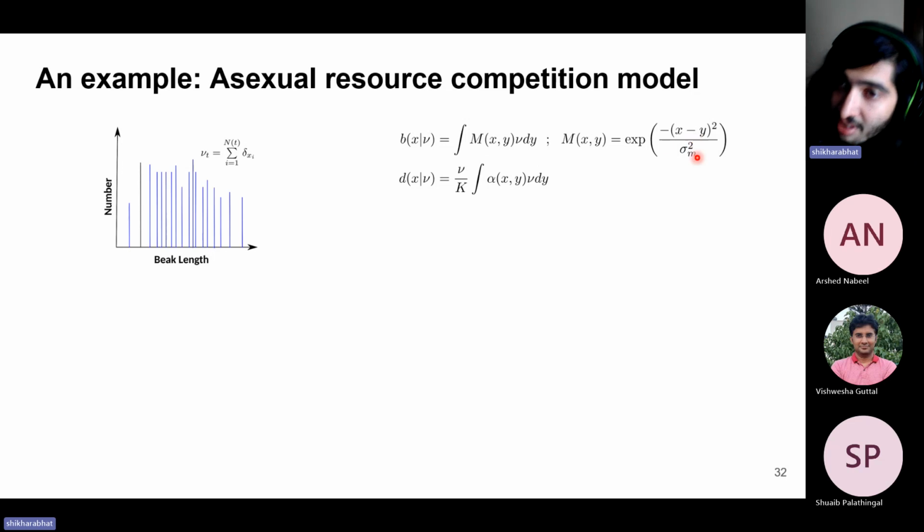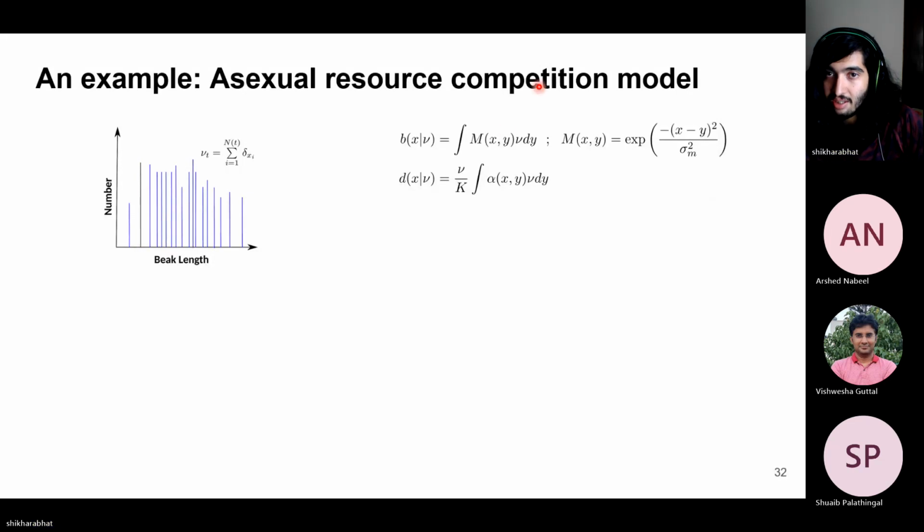Most of the time, you give birth to offspring that have the same phenotype as you, but you can give birth to offspring that are further away. This distance x minus y is all that matters. And since it's squared, you are equally likely to give birth to offspring that have phenotype greater than yours or less than yours. With beak length, you can think of it as longer beak length or shorter beak length.